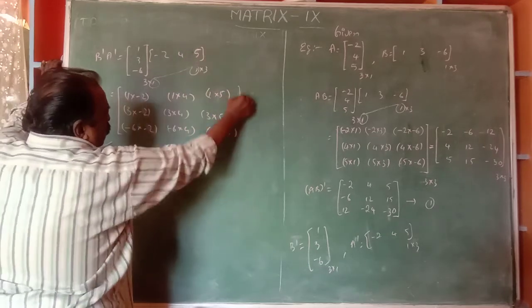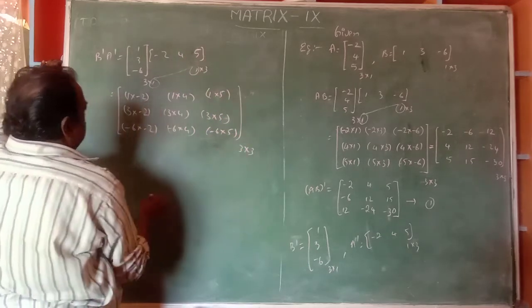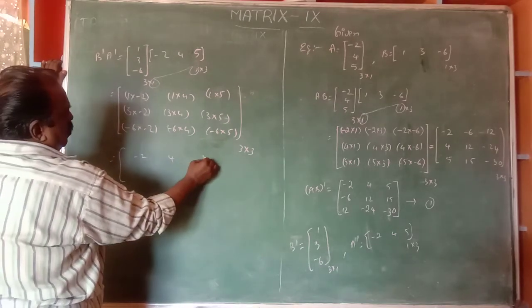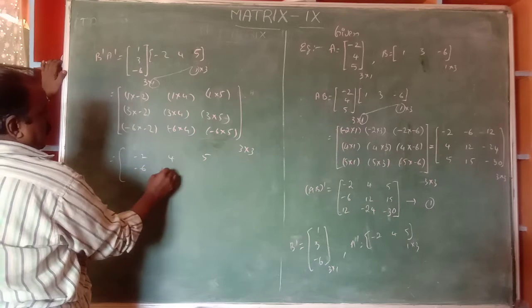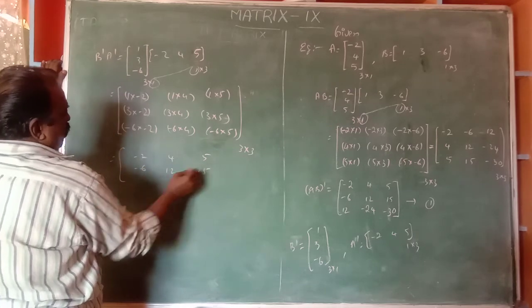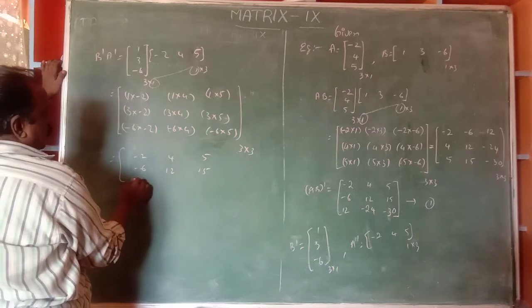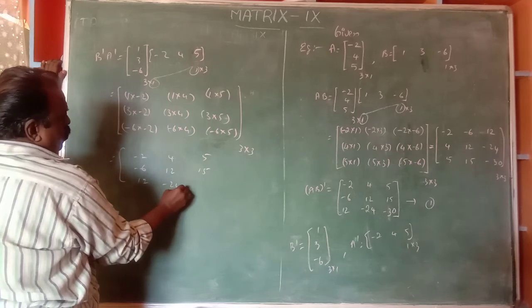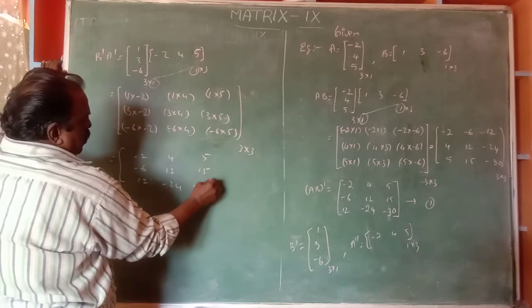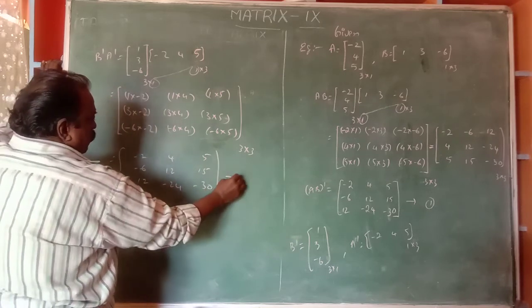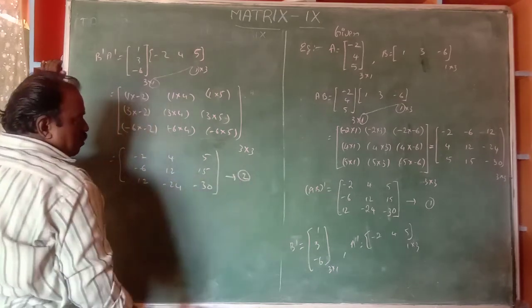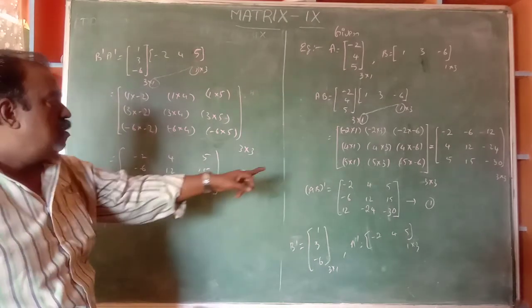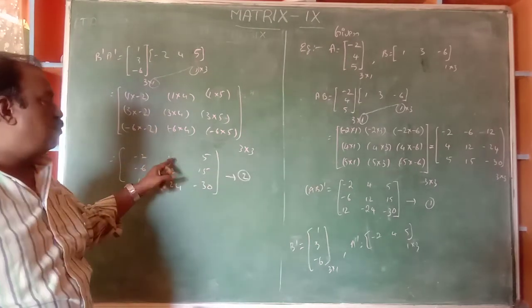Okay, now it is a 3 by 3 matrix. It is minus 2, 4, 5, minus 6, 12, 15. This is 12 and it is minus 24, minus 30. So it is the second one. What is the first equation? Minus 2, 4, 5.